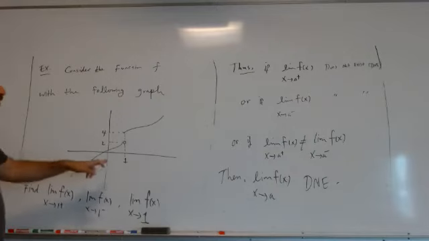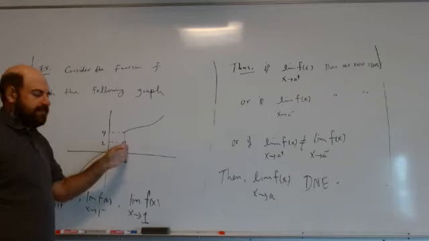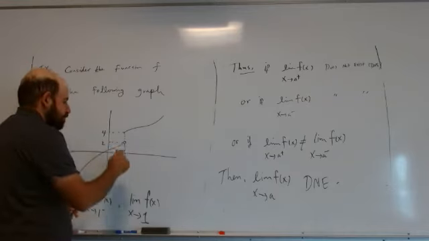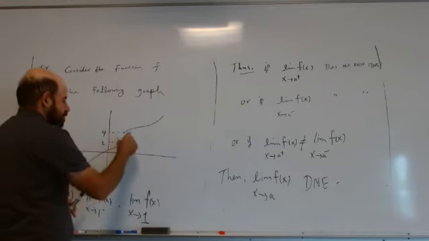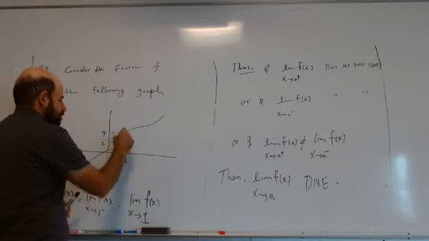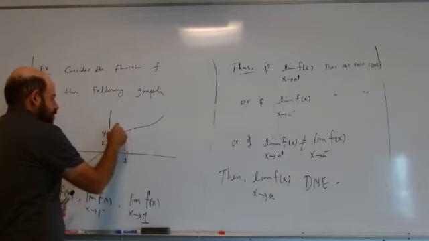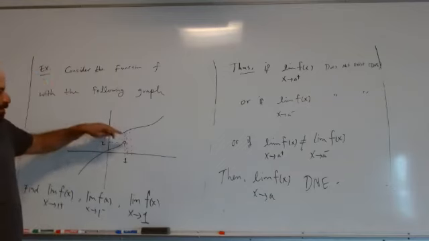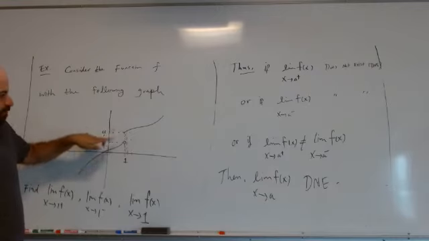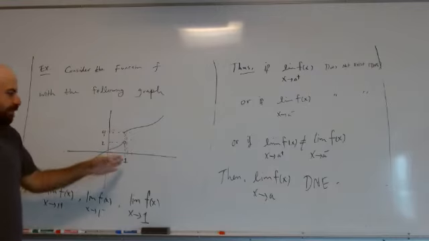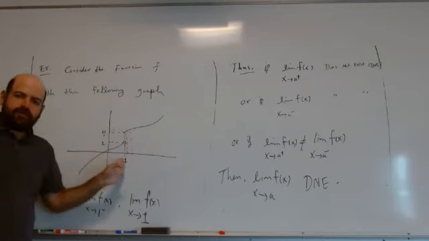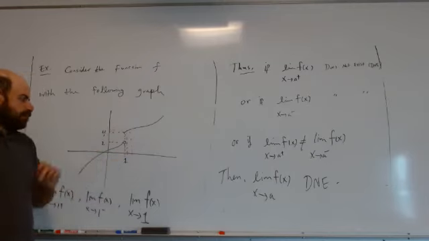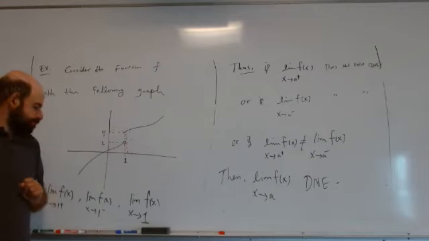So how much is the right limit at 1? It means x is getting closer and closer to 1, a little bit bigger than 1, for example here or here. Look at the outputs. For example here, the output is close to 4, this one even closer to 4, this one even closer to 4. So as x gets closer and closer to 1 from the right, a little bit bigger than 1, the outputs get closer and closer to 4.